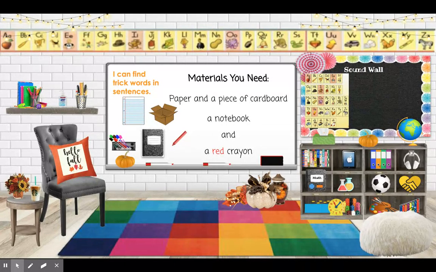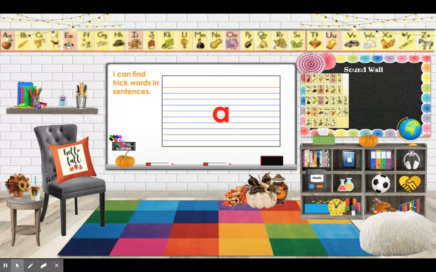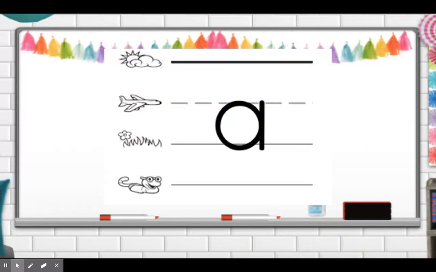Our objective for today is I can find trick words in sentences. So remember, our first trick word is the word a. Now what I want you to do is place a piece of paper on top of that piece of cardboard I asked you to get, or right on top of a paper towel, something that's going to make your paper bumpy.